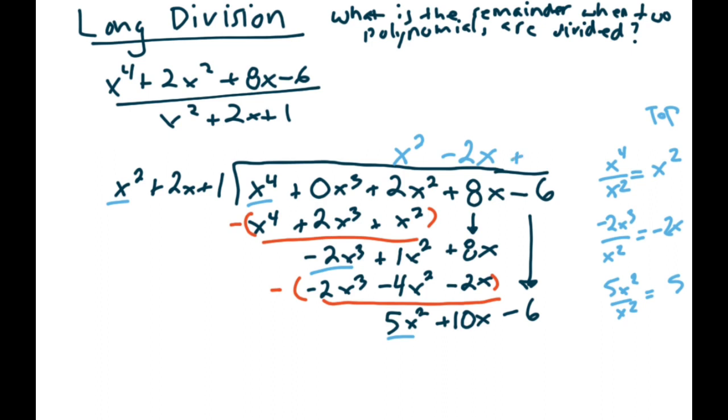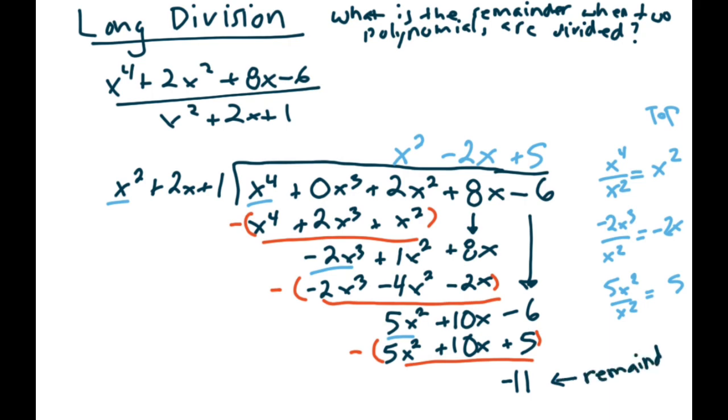So we put a plus 5 on top and then distribute the 5 to all three terms on the outside to get 5x squared plus 10x plus 5. Subtract down. And I get negative 11. Negative 11 is my remainder, and this is what the question is asking for. It is possible, if our x term didn't cancel out, to have two terms as our remainder.